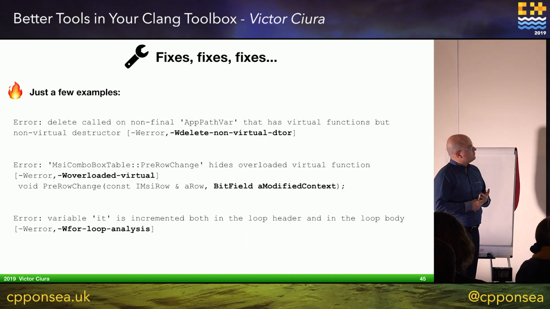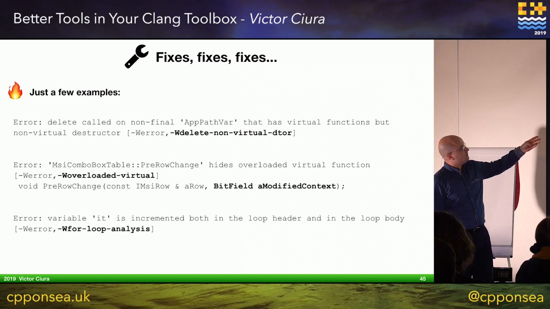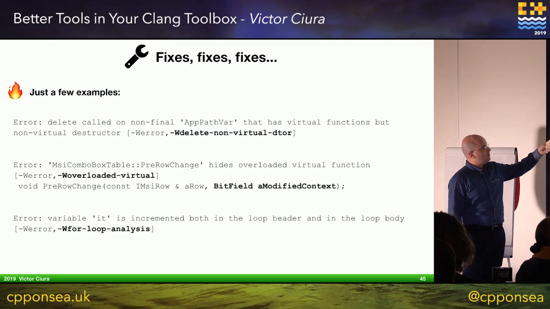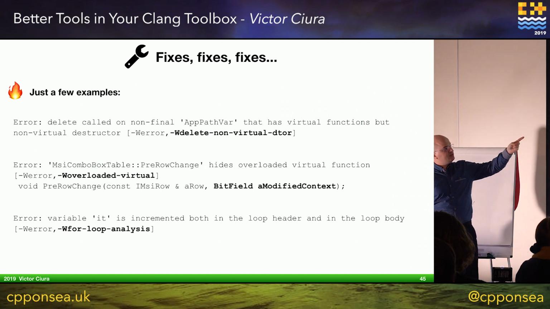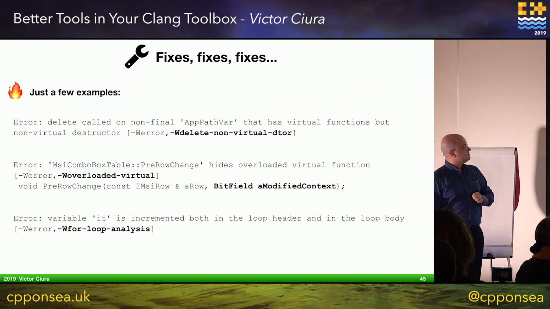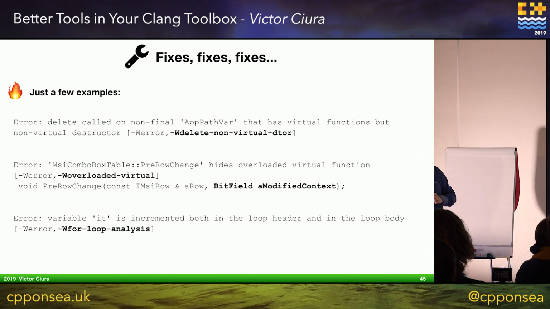Just a few examples. For example, delete was called on a class that had virtual functions, but not a virtual destructor. Those can be bugs, and we found situations where it wasn't a harmless warning. It actually was a bug.